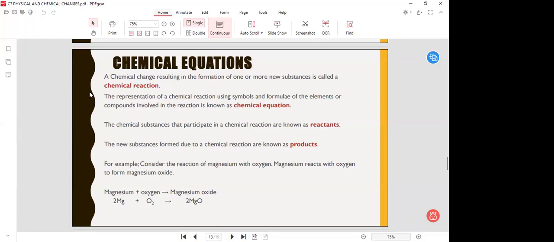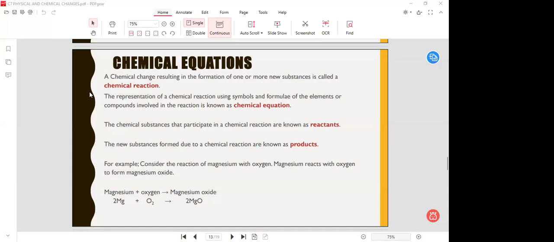A chemical change resulting in the formation of one or more new substances is called a chemical reaction. The representation of a chemical reaction using symbols and formulae of the elements or compounds involved in the reaction is known as a chemical equation.